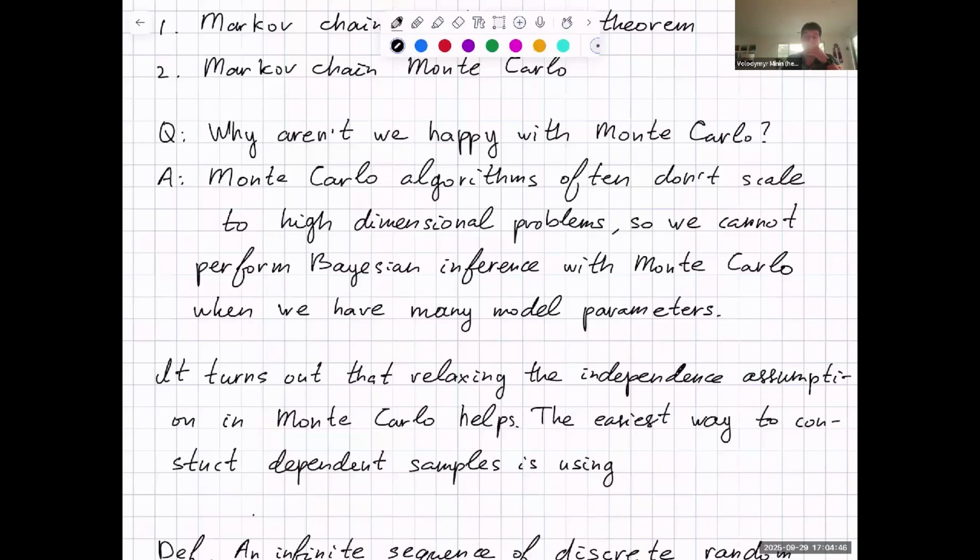It turns out that the key, or at least one of the ways to do it, is to relax the independence assumption, which may seem counterintuitive because we are going to make things more complicated in a sense. Monte Carlo is based on IID sampling, independent and identically distributed samples, and that's why the law of large numbers works.